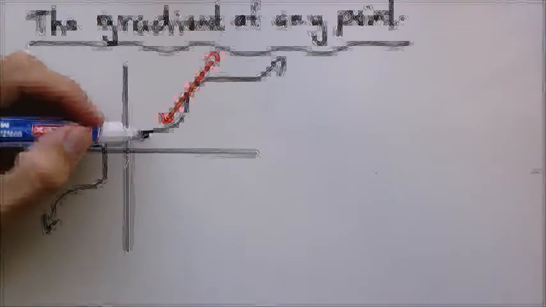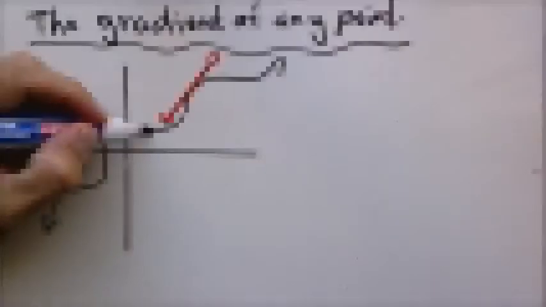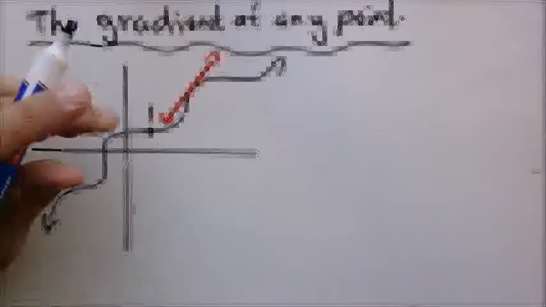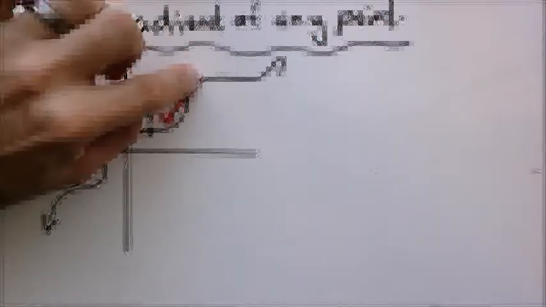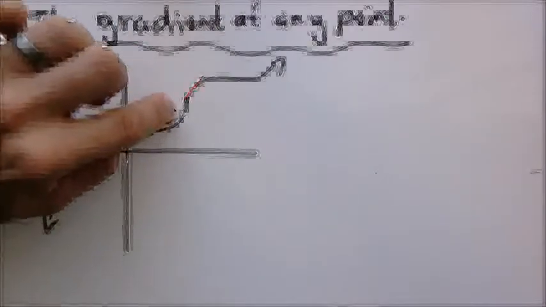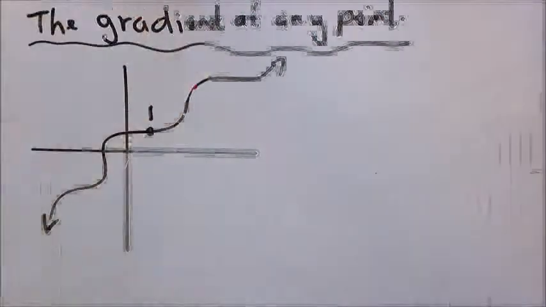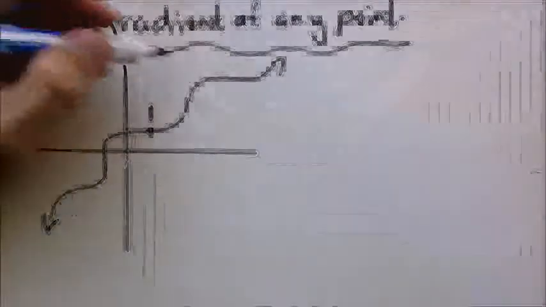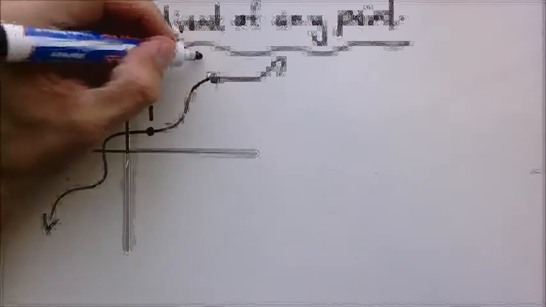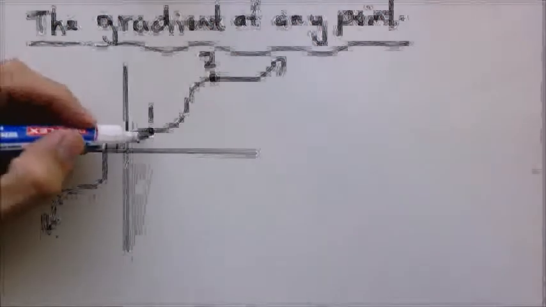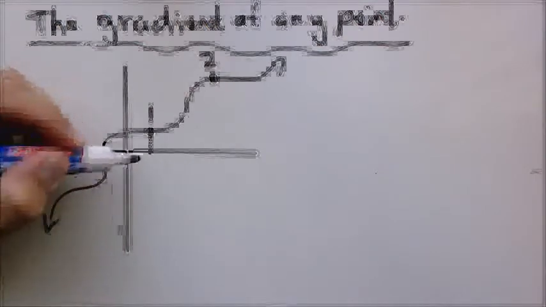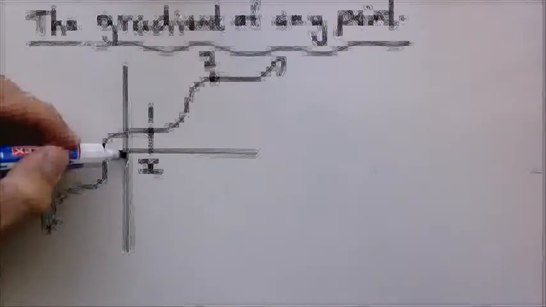We are assuming we've got 2 points. This is point number 1. And for now, just forget about the tangent. And somewhere we have a point 2. And we can define this as x.